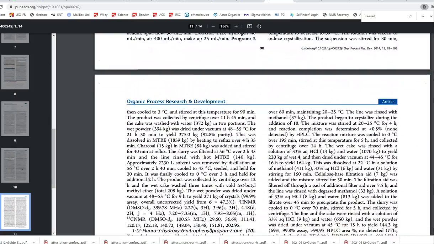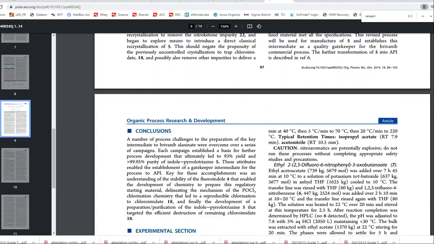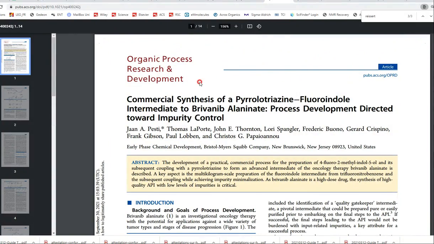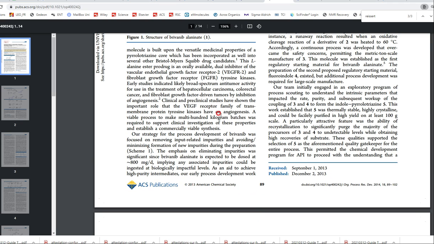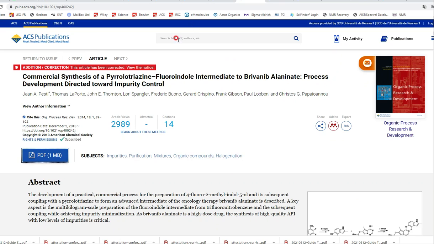And then at the end, of course, here you have 220 kilos and so on. So you really have the optimized reaction. So if you want to do a certain reaction and you find a paper in Organic Process Research and Development, always use this one because it's reliable. You don't have to use very low scale. You can directly go to 5 to 10 millimoles because usually this is a very reliable journal.